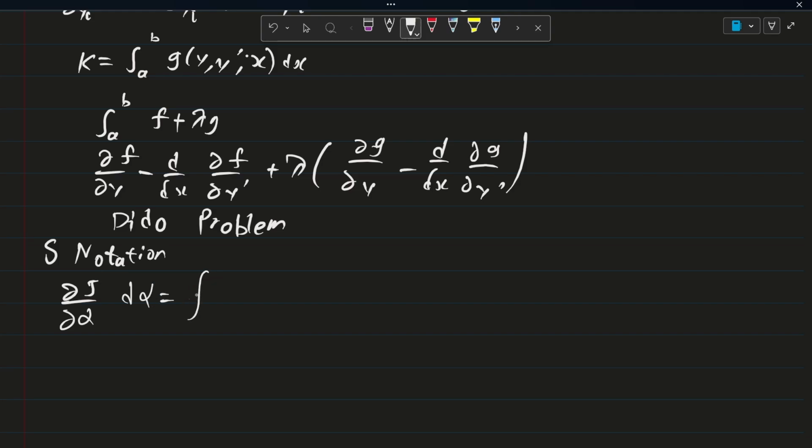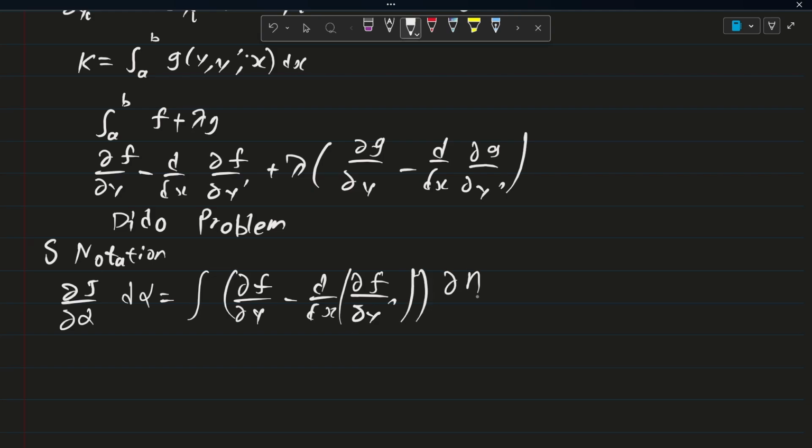So it's the integral of partial f over partial y minus d over dx of partial f over partial y prime. Multiply this by the eta x, which is the partial eta, no, sorry, it's partial y over partial alpha. Multiply this by the d alpha and dx, like so.